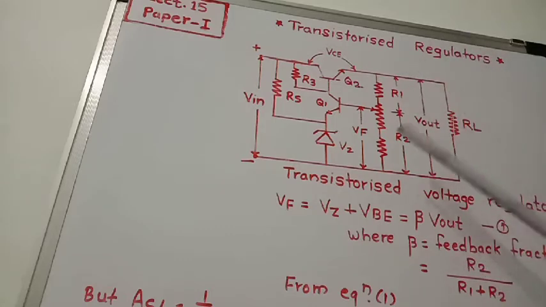So R1 and R2, which are connected in series, form a voltage divider, and this voltage divider provides feedback voltage to the base of this transistor Q1.